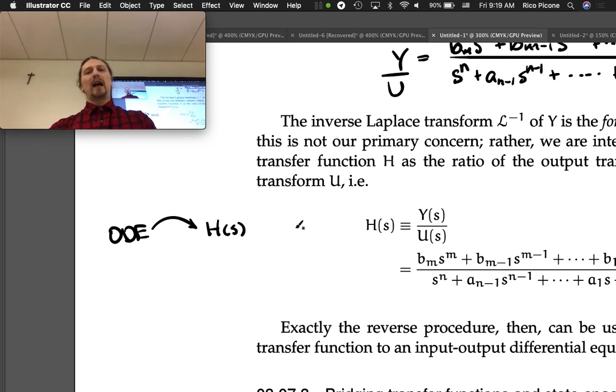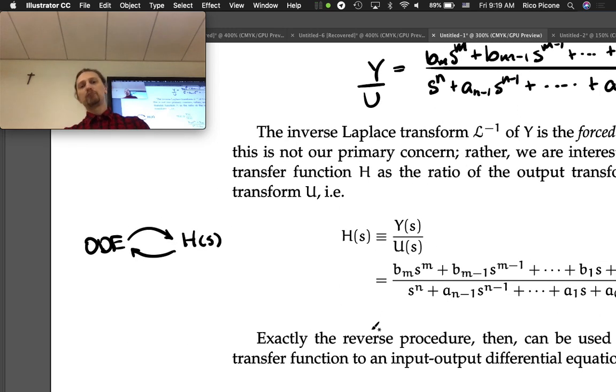And that was this procedure that we just saw. We can also go the other way, right? We can go from a transfer function to an ODE by just reversing this procedure.